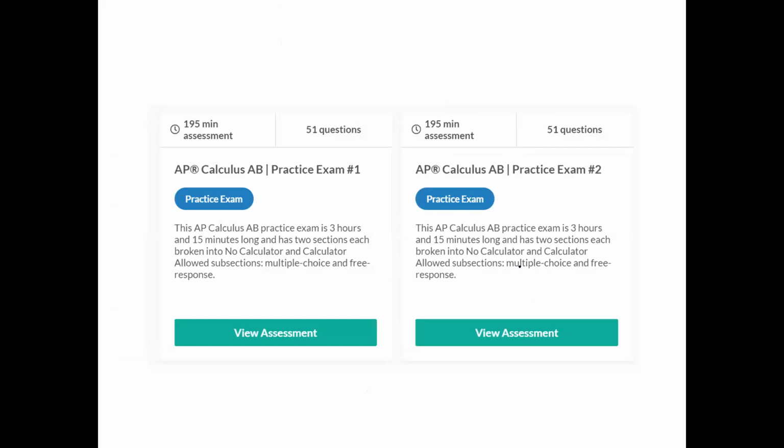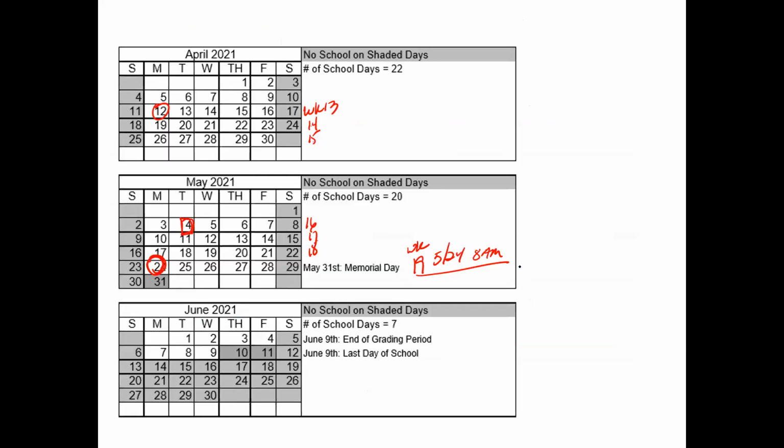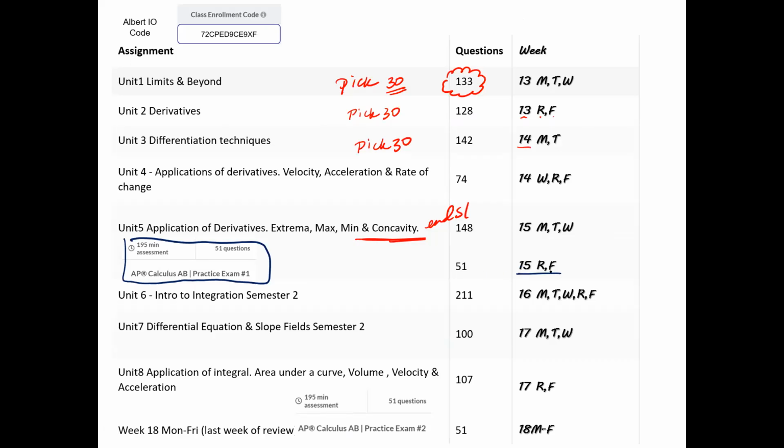You're going to do that for week 15, Thursday and Friday, and you also have the weekend to finish that. So that is going to go in as an assessment because there's no more AP College Board. Make sure you do that on week 15, Thursday and Friday.